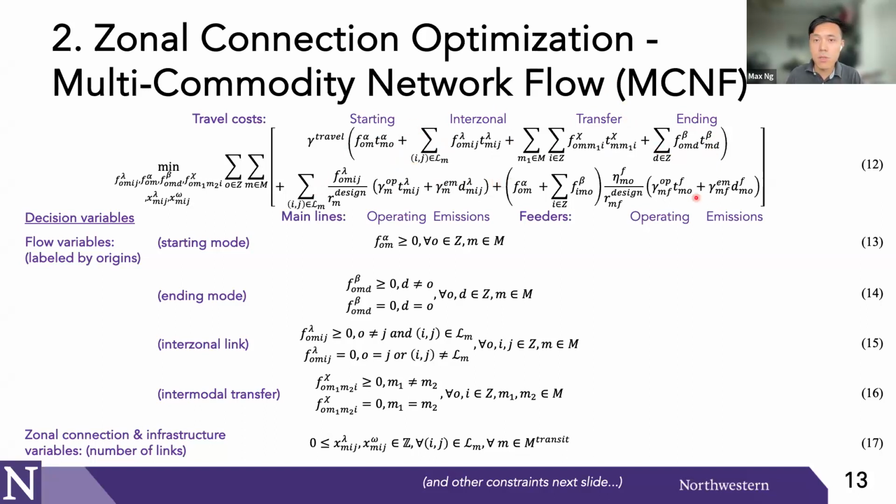And then the second row is the operational cost, separated into the main transit line and also the feeder services. For these 2, we have to estimate the number of vehicles or number of trains required based on the arc flow, and we are using design occupancy here as the denominator. And for feeder, we also have to consider that some travelers are using feeders and some of them are not, so we have eta as a factor to account for that.